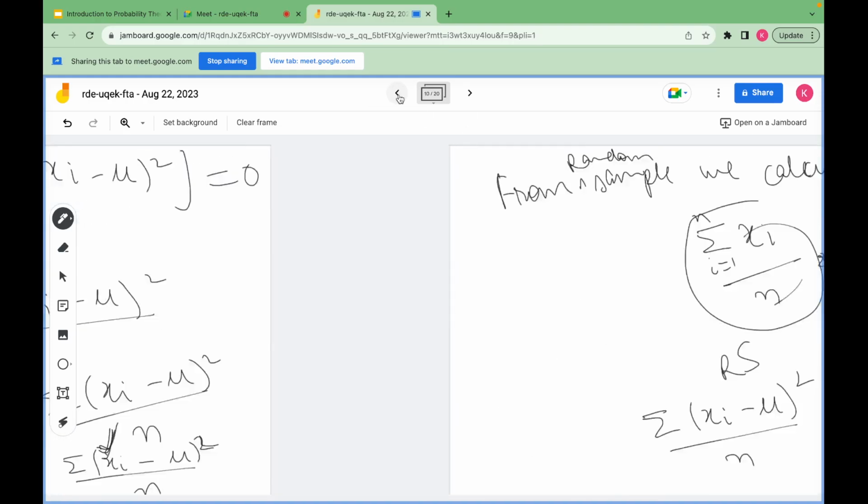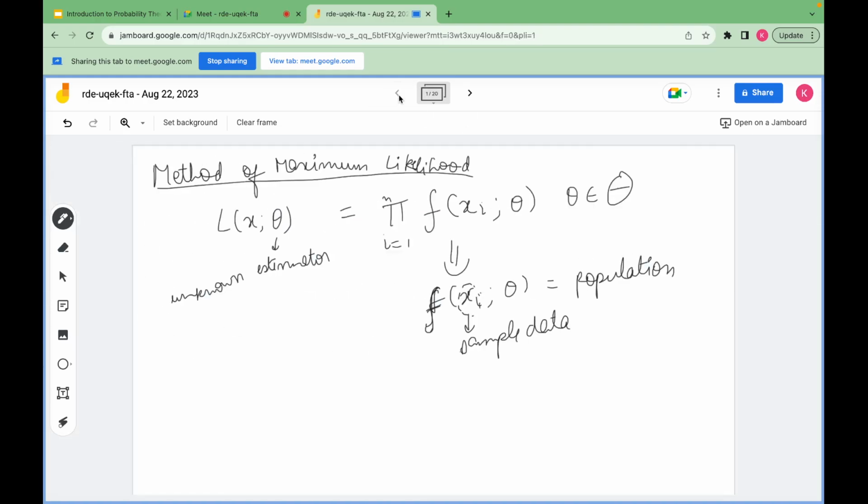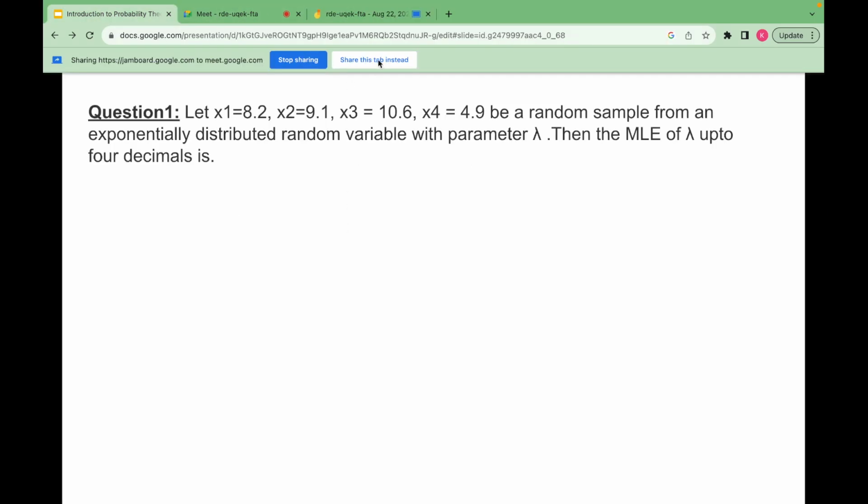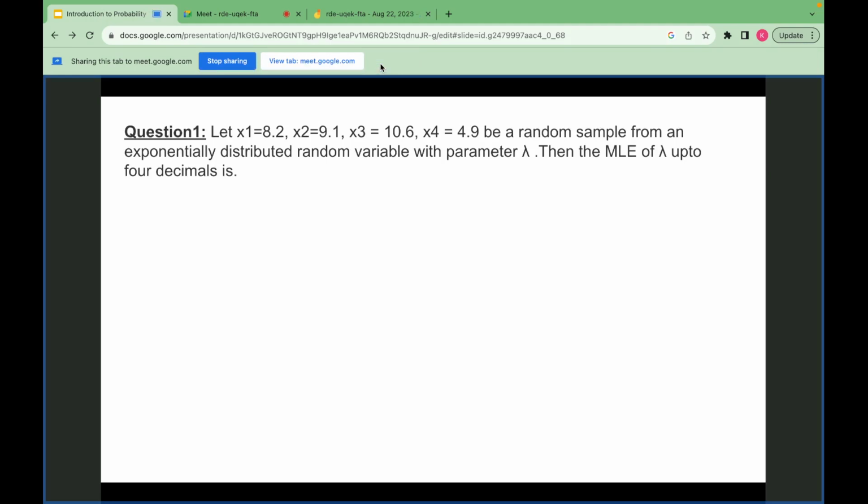So let's move to the first question. We are given 4 values x1, x2, x3 and x4, a random sample from an exponentially distributed random variable with parameter lambda.